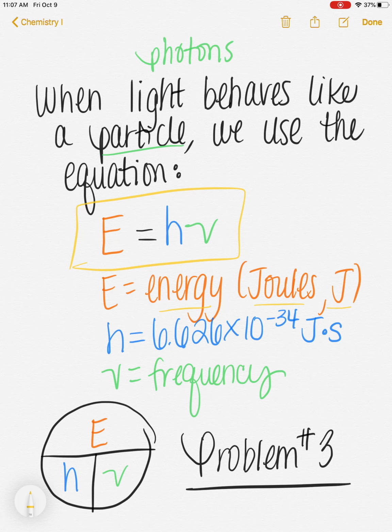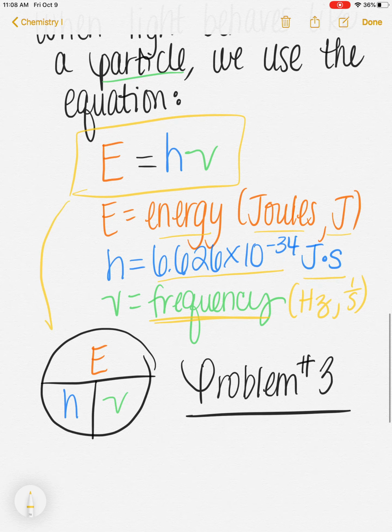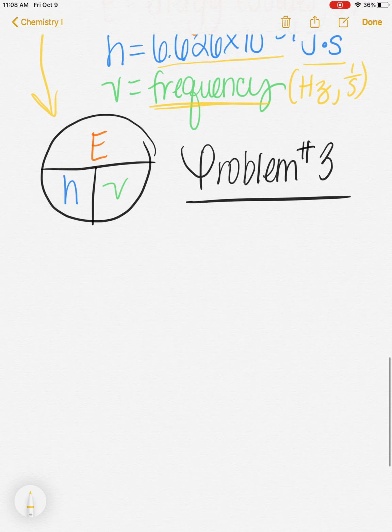It was developed by Max Planck, a famous physicist, and it is always equal to 6.626 times 10 to the -34th joule seconds. The ν is the same ν that we were using previously, which is frequency, and remember the units of frequency are Hz or 1/seconds. So we can take this equation and put it in a pie chart where E is on the top and h and ν are on the bottom.